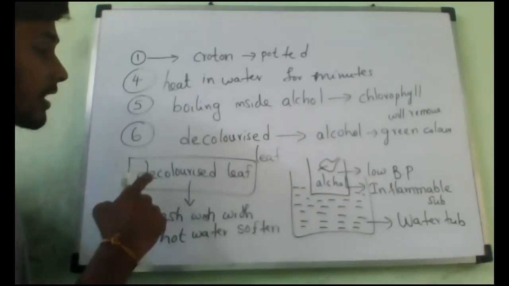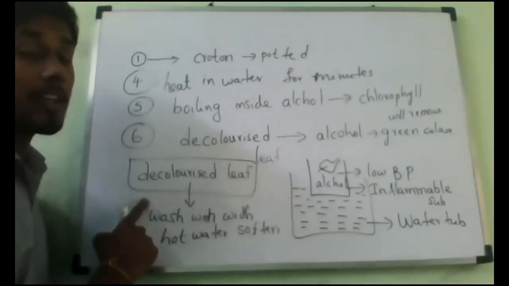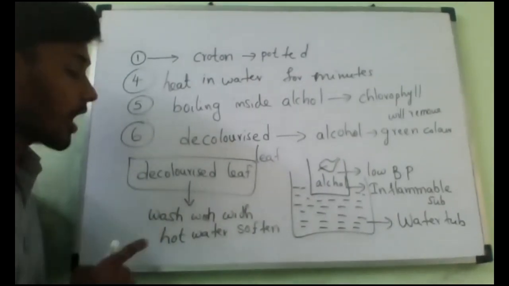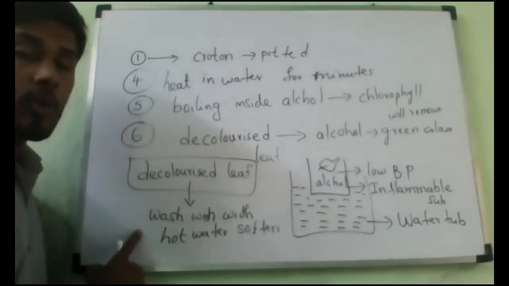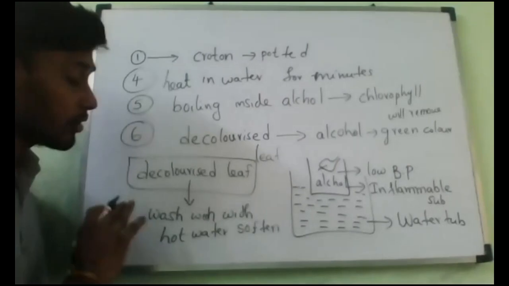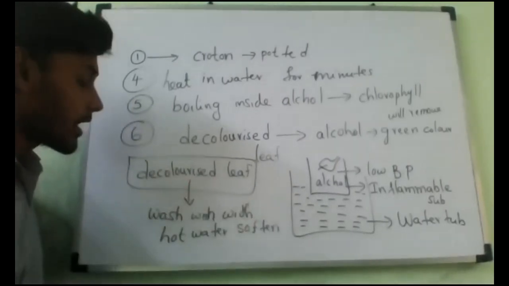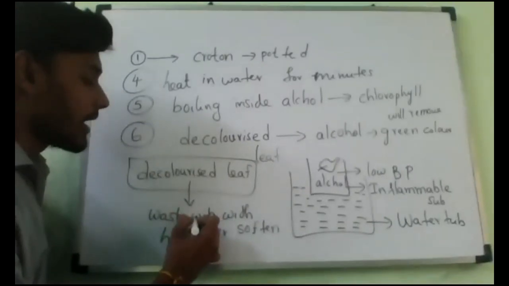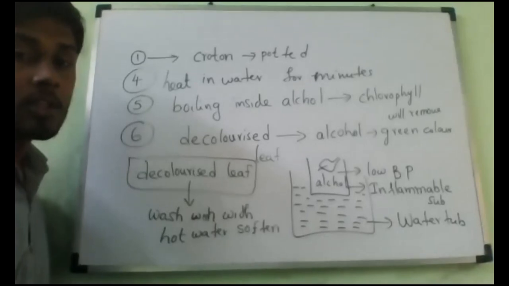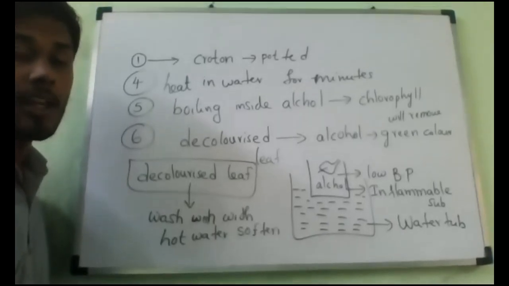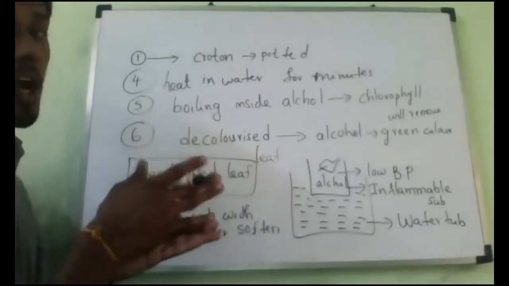Once you get the decolorized leaf, immediately after that we have to wash it with hot water, slowly. Why do we wash with hot water? Some chlorophyll may still be sticking to the leaf, and to remove it we wash with hot water.